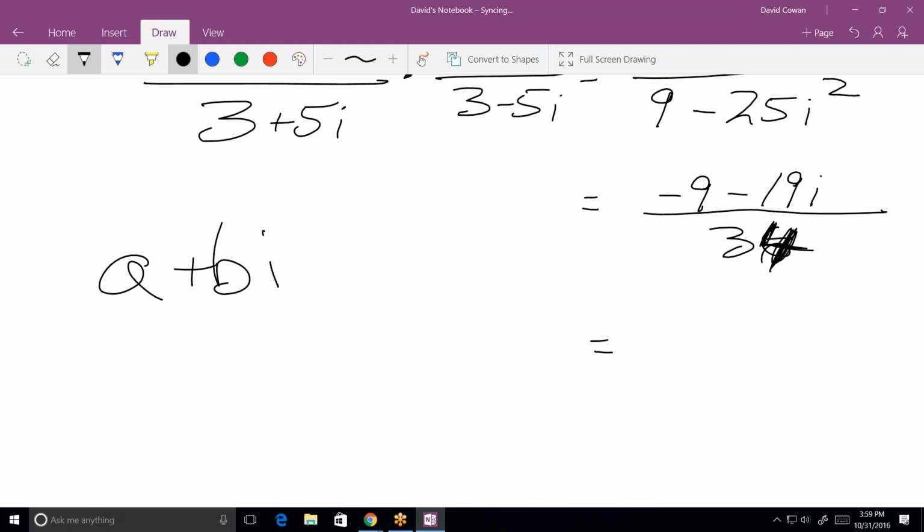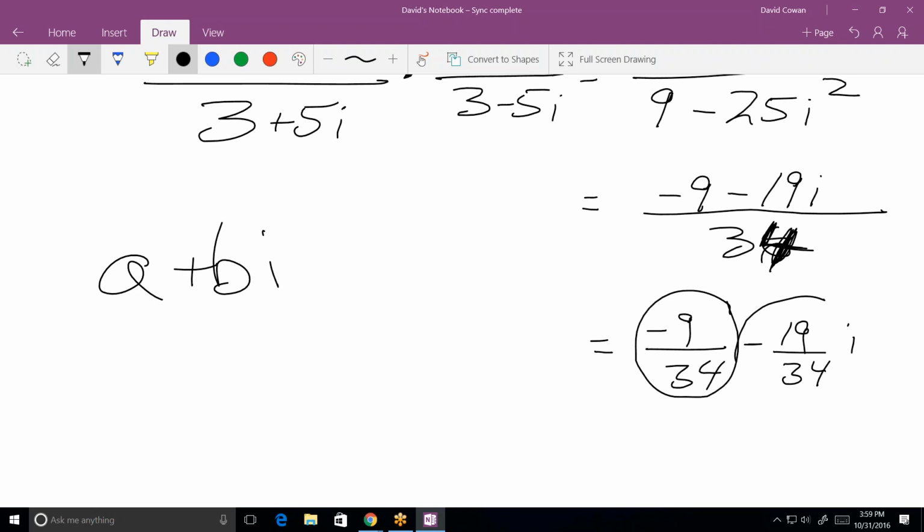So you'd have negative 9 over 34 minus 19 over 34i. Right. And again, don't put the i in the numerator, put it out there. Yeah. And then that's a. B is that. In other words, b is not always plus like it looks like it is. If b is a negative number, then it is negative. And in this case, it is a negative number.